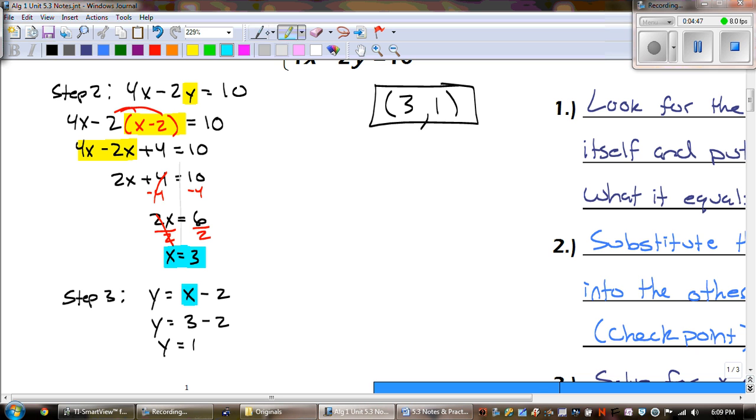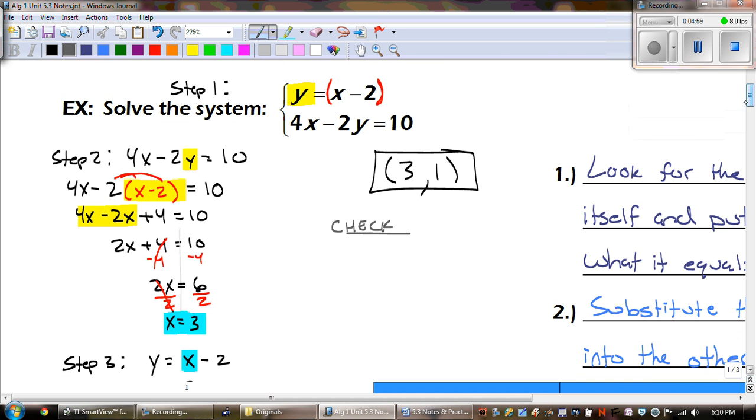Now before I know 100% that's my answer, we can check it. Okay, now we can do this with either equation, the first one or the second one. I'm going to use the second one because it's a little bit easier. We're going to plug in the point (3, 1).